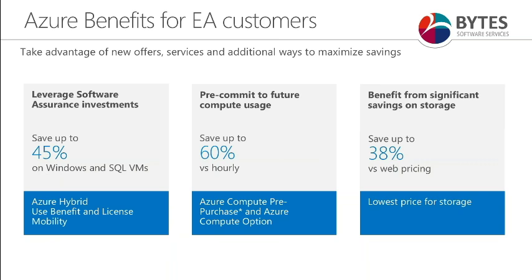If you don't have software assurance on Windows Server Datacenter, you can reassign Windows Server Standard licenses to Azure. This doesn't give you the dual use right, but you just simply reassign the licenses to an Azure VM instead of having it on premises.